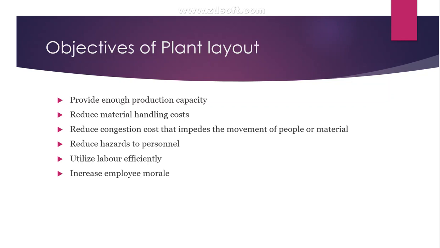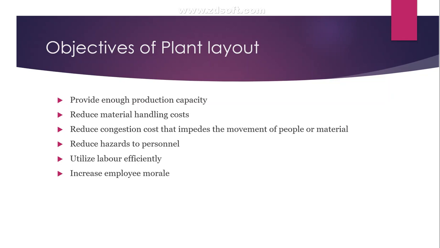Or you can provide a doctor at your production unit, which helps them contribute well to production, or amenities which entertain them and contribute more to production. Somewhere, all these elements increase the employee morale in the plant layout. That's what the facilities being included.